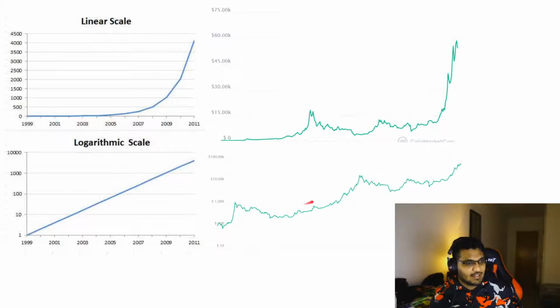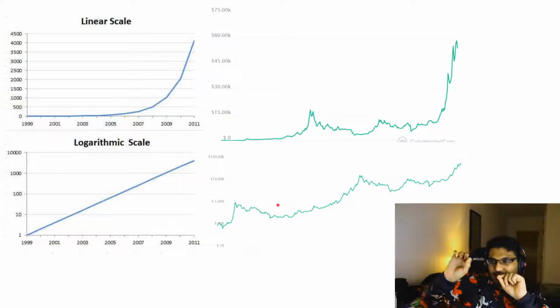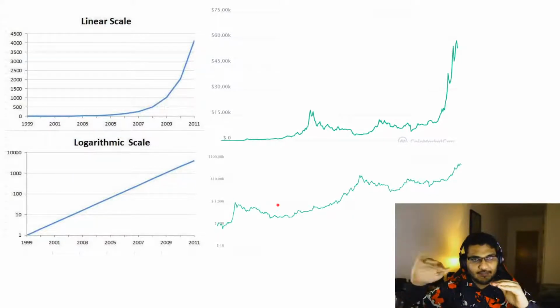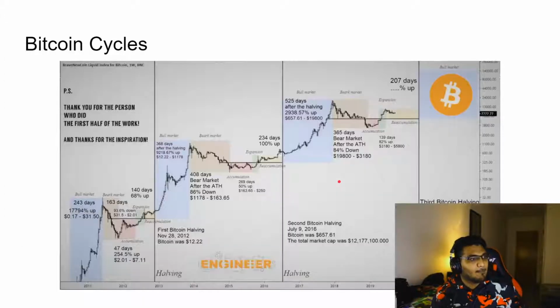And you can clearly see, if you were to take a line and stick it straight through, you would see a nice edge. And that's to show you Bitcoin is constantly increasing. Now, to be honest, it's not a straight line and it's actually still curved, but we'll get into that further.